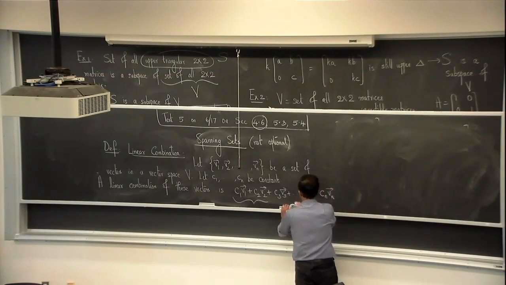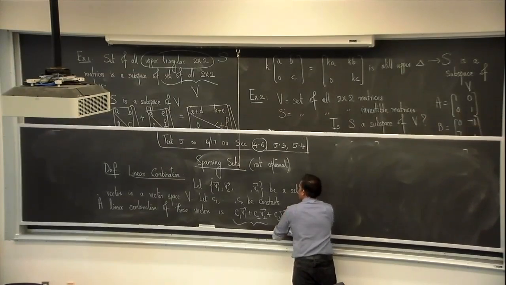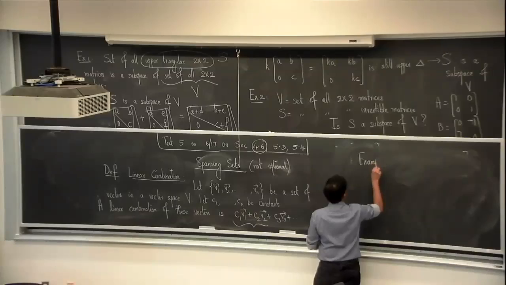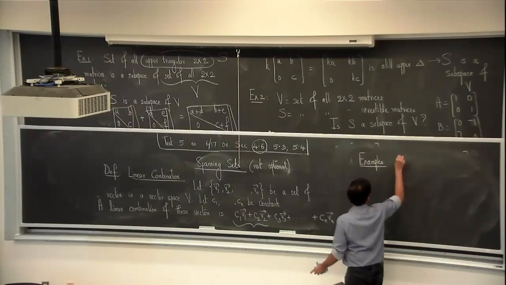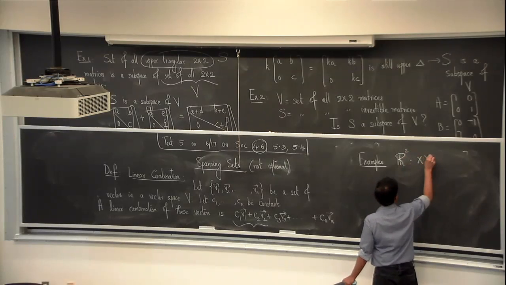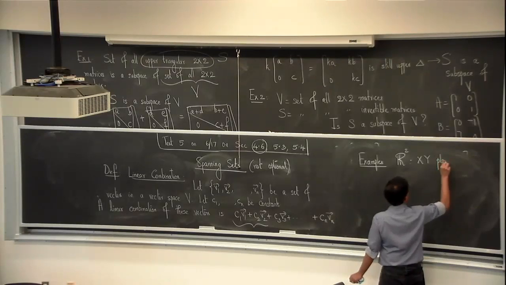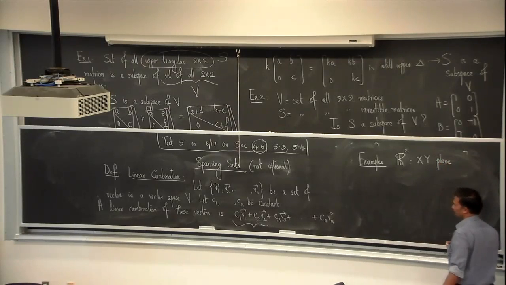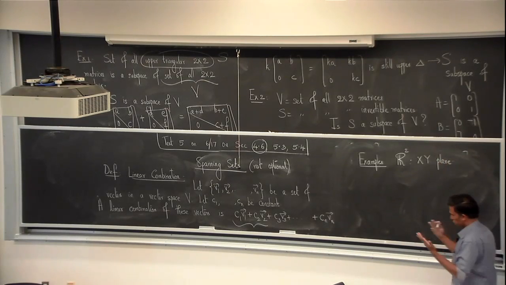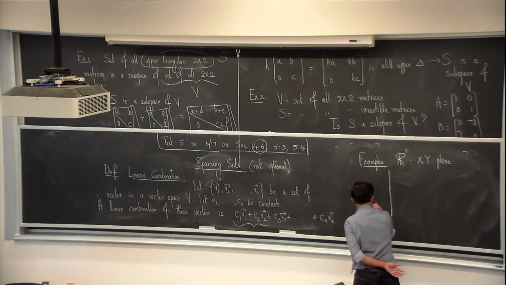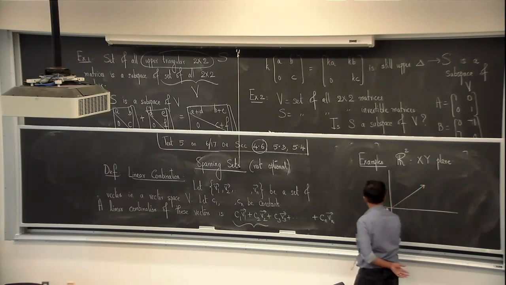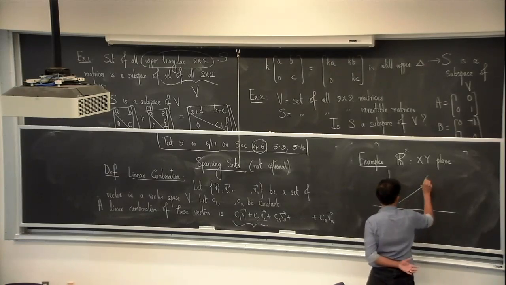So examples. Let's start with the simplest case, R2, the XY plane. Okay, so something where we can draw a picture and tell a story. So let's take the XY plane. And let's consider this vector from the point 0, 0 to the point (a, b).